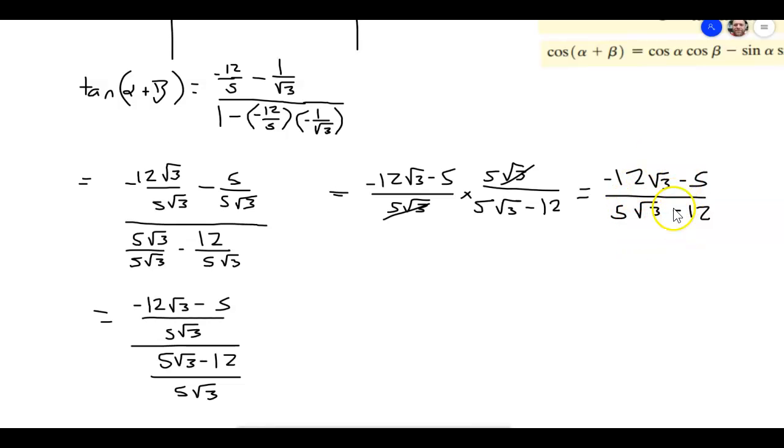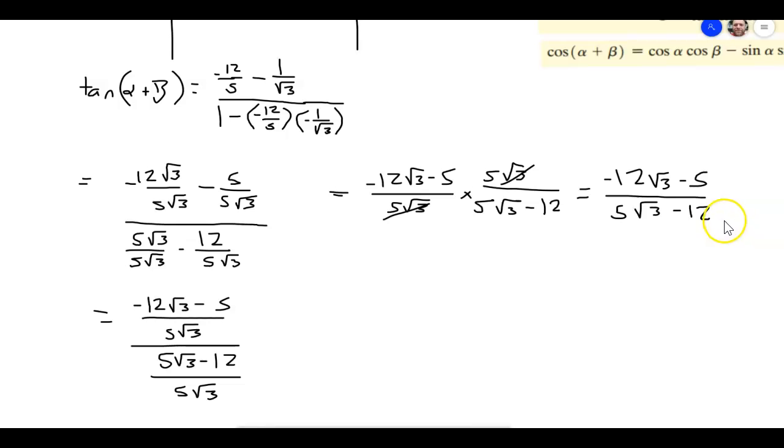Sometimes they ask you to rationalize the denominator. If they do want you to rationalize the denominator, what you do is you multiply the top and the bottom by the conjugate of the denominator.